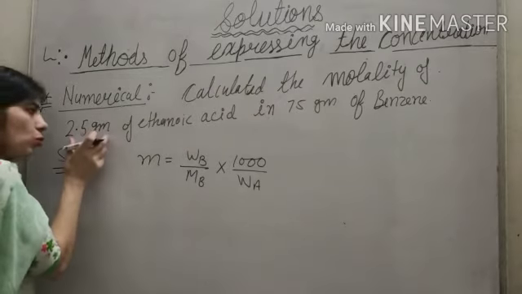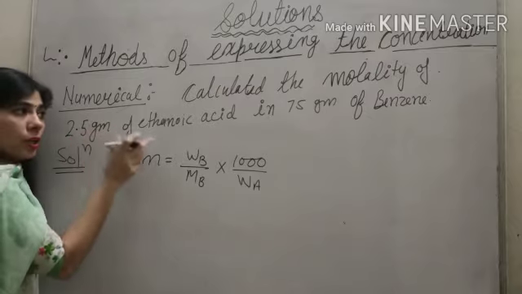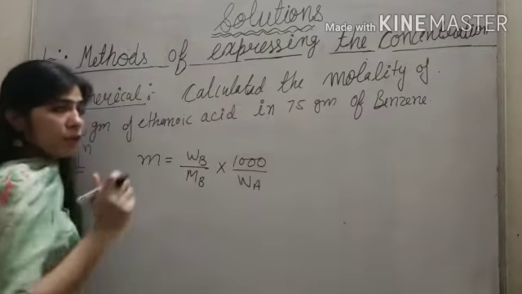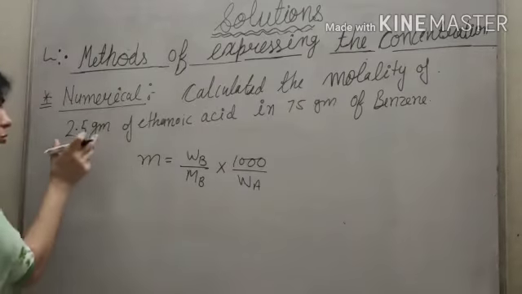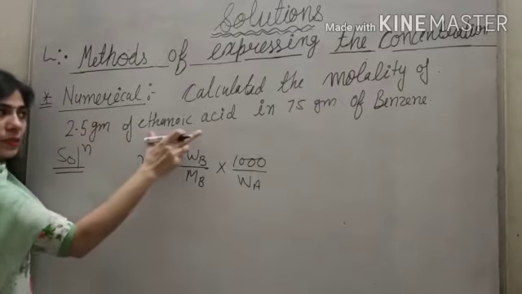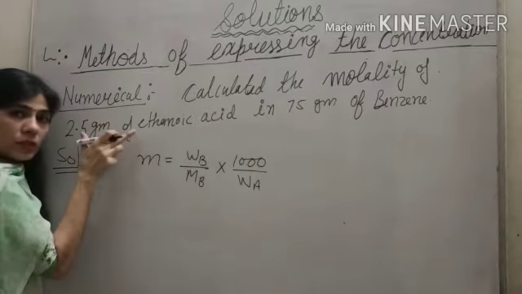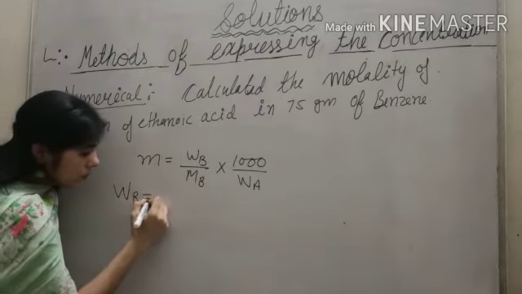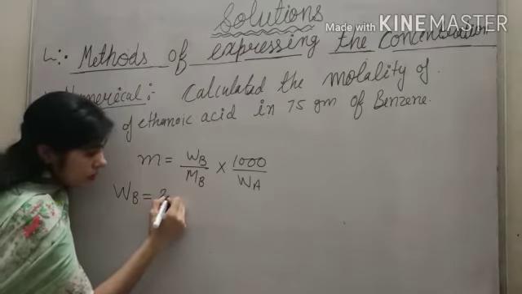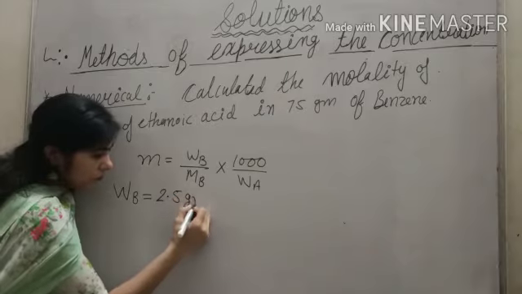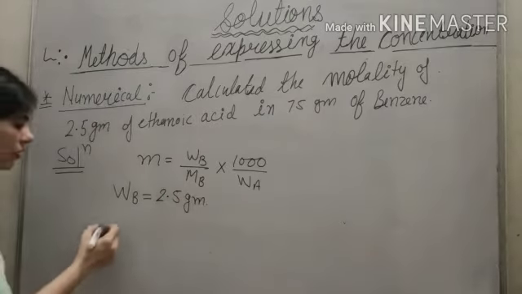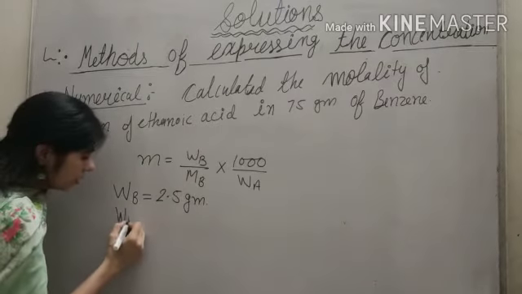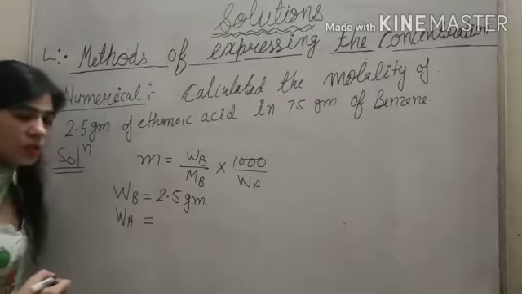It means 2.5 gram of ethanoic acid is dissolved in 75 gram of benzene. So 2.5 gram of ethanoic acid is the mass of solute. So WB is 2.5 gram and 75 gram is the given mass of the solvent.